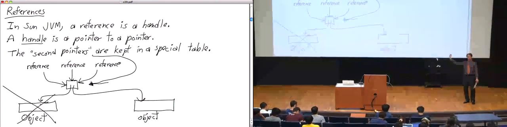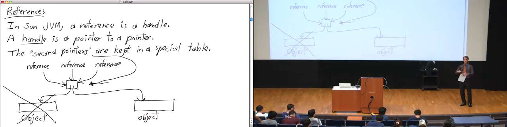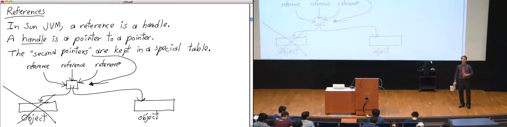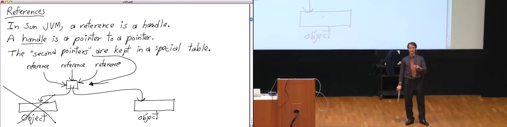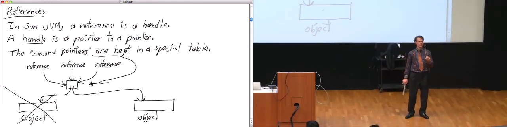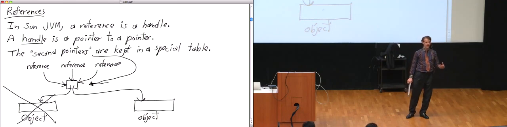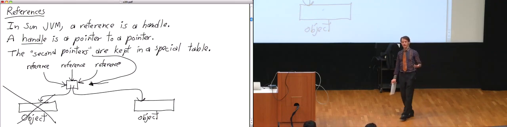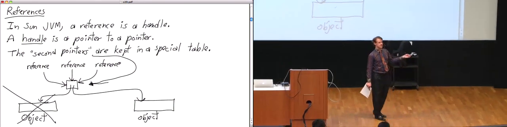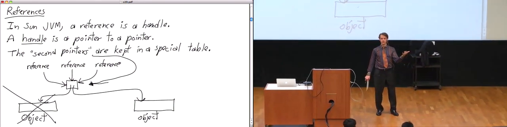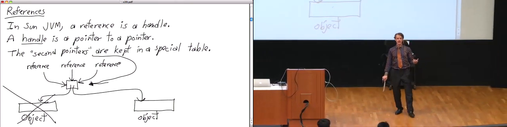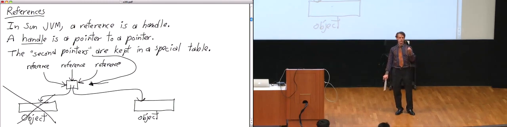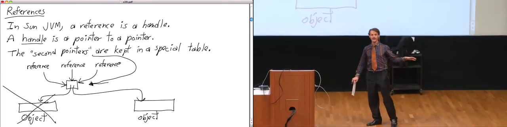So you have this special table of second pointers, and if you garbage collect an object, you also garbage collect its second pointer, but you do not have the problem of fragmentation in the table of second pointers because second pointers are all exactly the same size, unlike objects. Objects only have the problem of fragmentation because objects come in different sizes, and you might not be able to fit a big object where there used to be a small object. But in this table of second pointers, they're all the same size. When you stop using one, you can reuse that space for a different second pointer for any object.